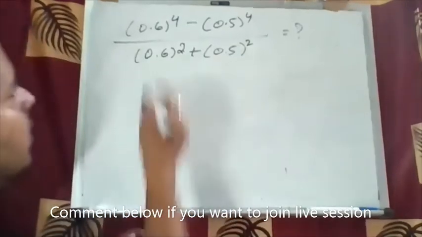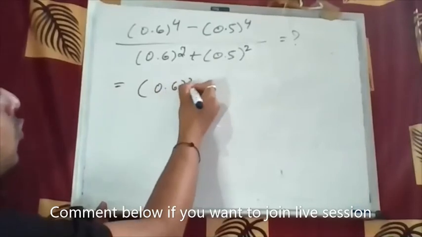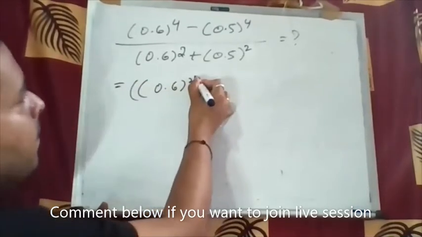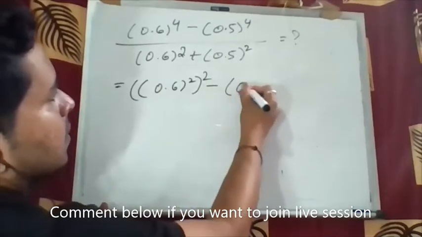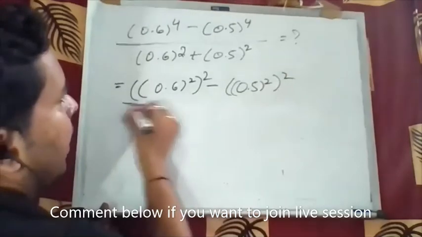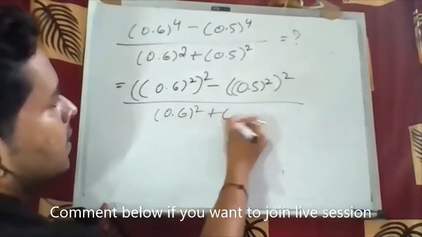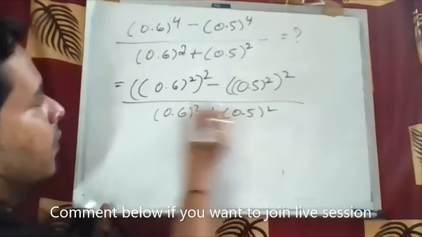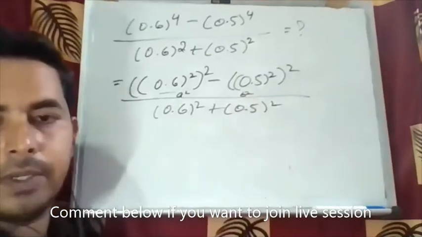So here I can write 0.6 square minus 0.5 square, like this, and divided by 0.6 square plus 0.5 square. Okay, again this becomes a square, and this becomes b square.